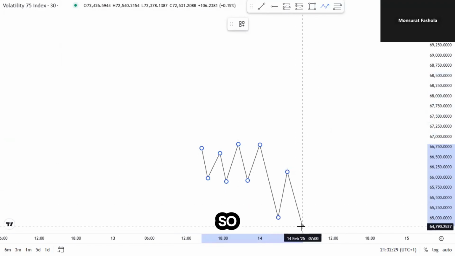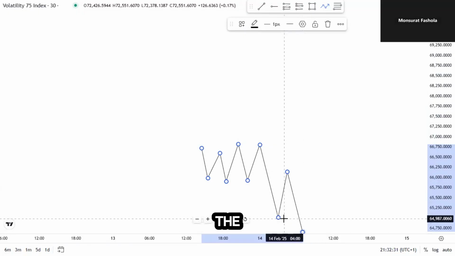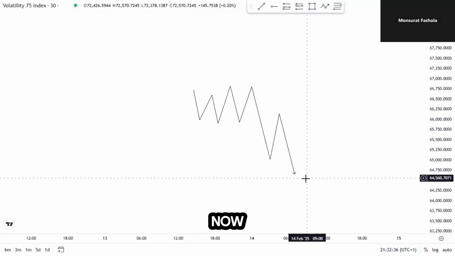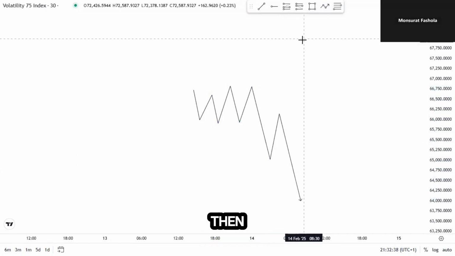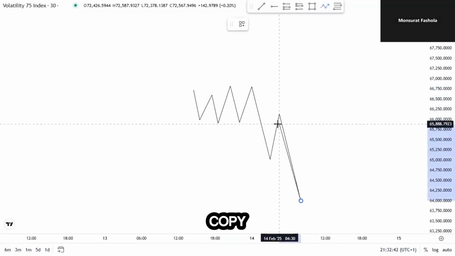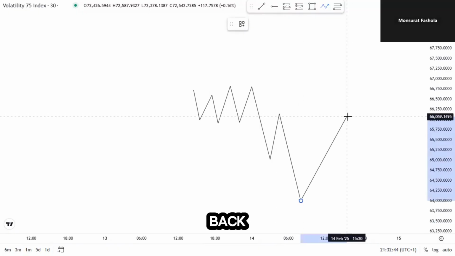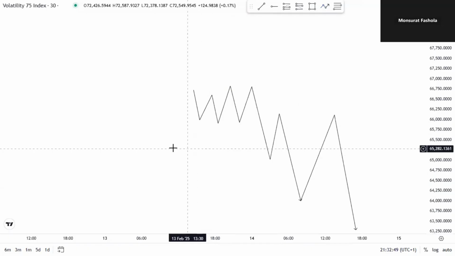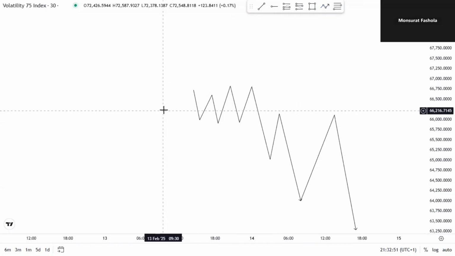You can even wait for price to break the structure low again. The moment price has broken the structure low, now you can confidently say, price will come back to this level here. Do you understand me?